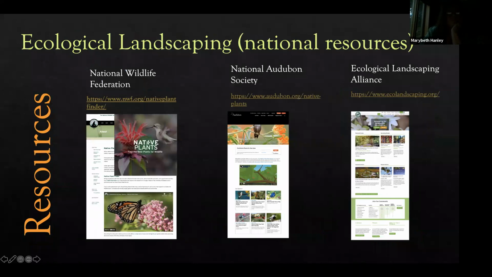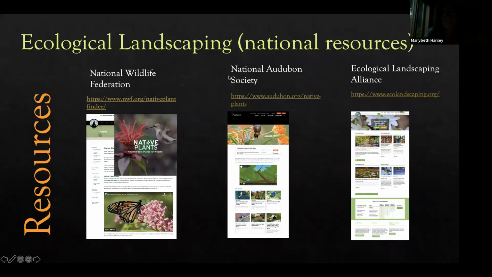These are some national resources related to ecological landscaping that you can get a lot of good information from. Like the National Wildlife Federation, you can go on their website and they have interactive aspects of their site where you can enter where you live.